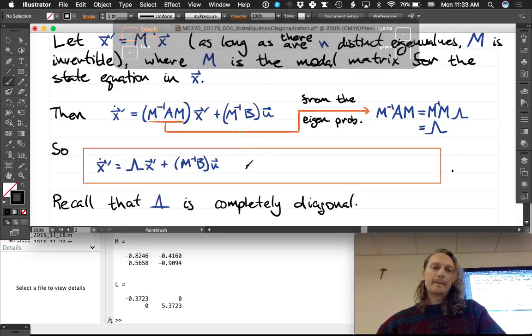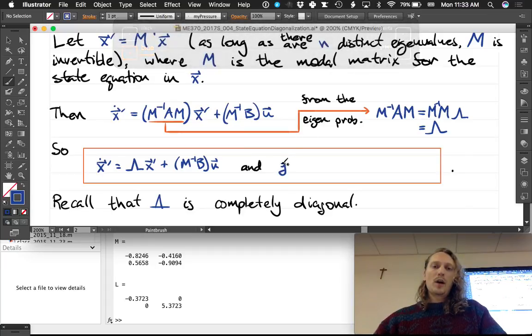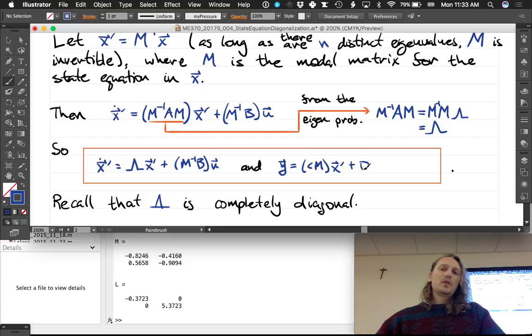And y is equal to, the C matrix changes by multiplying the original C matrix by the modal matrix M, times x prime, plus just the original D matrix times U.